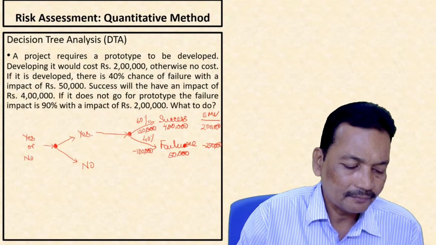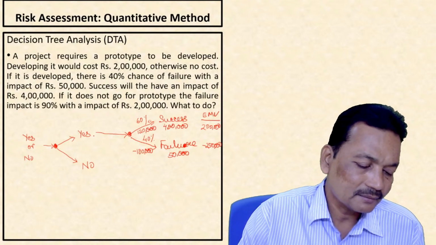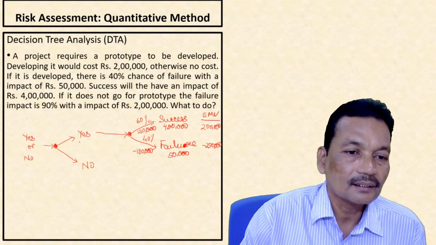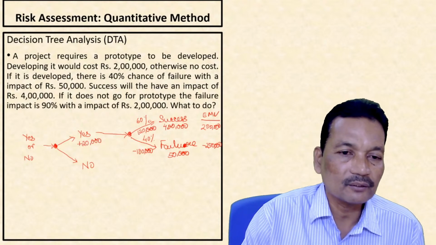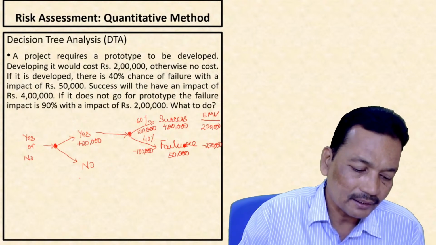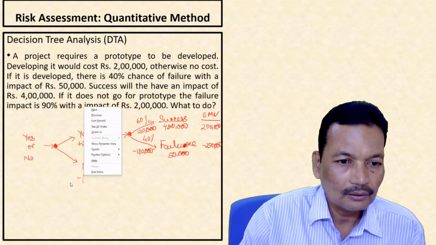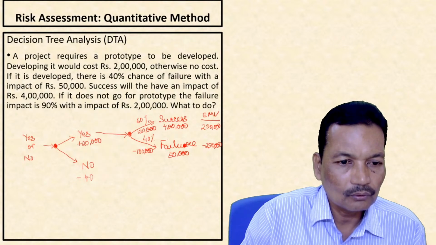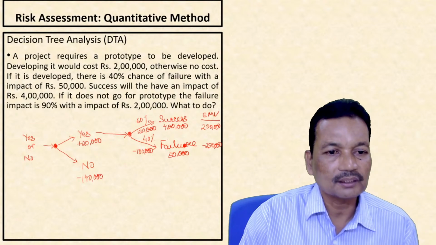So finally, what I am finding, the expected monetary value if I go for the project is plus 20,000. For the prototype, if I go forward, I'll get 20,000. If we calculate in a similar way, if I do not go for it, you'll find that I will lose 140,000.